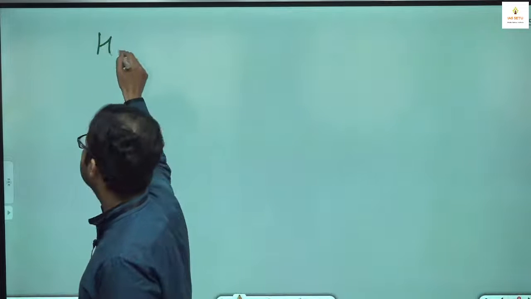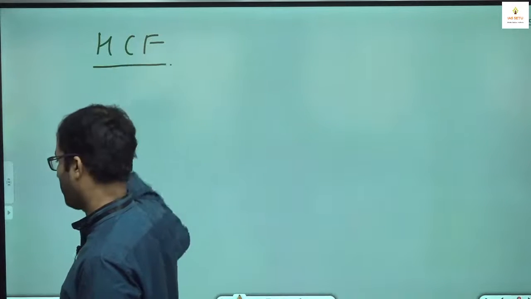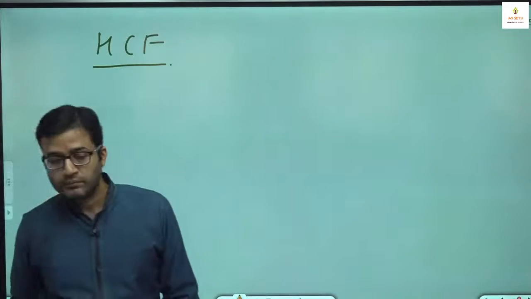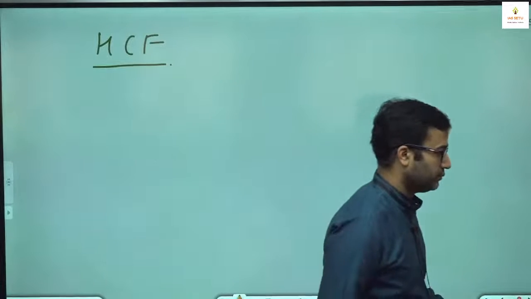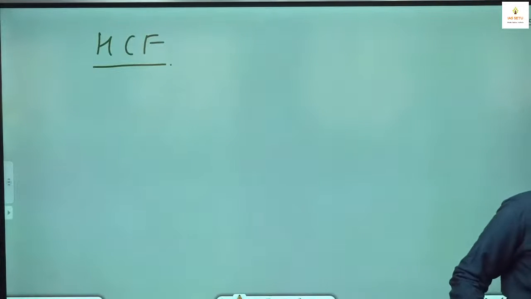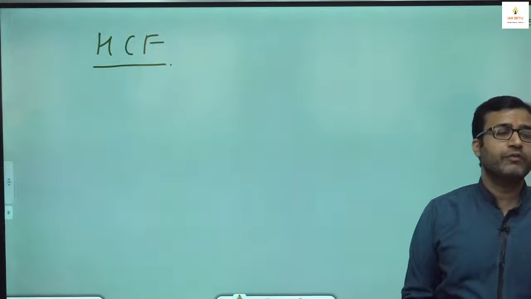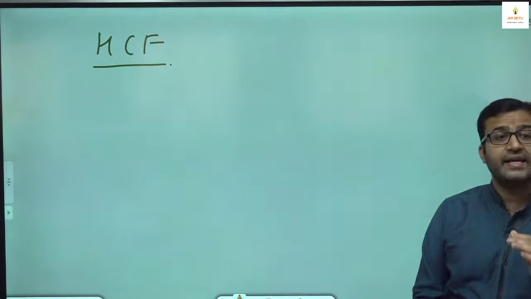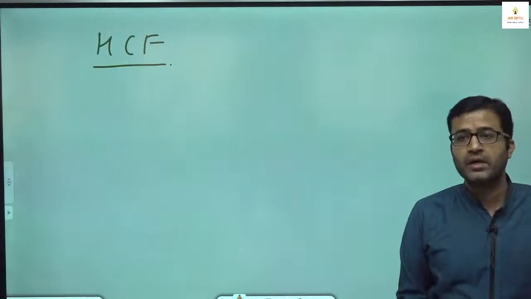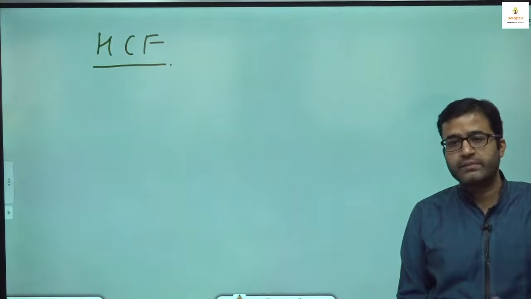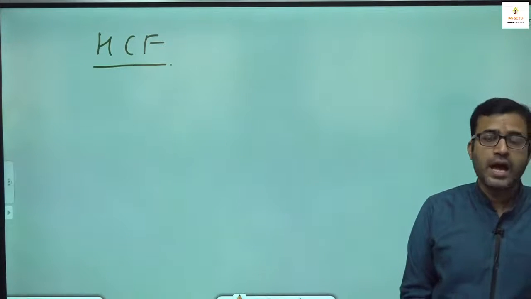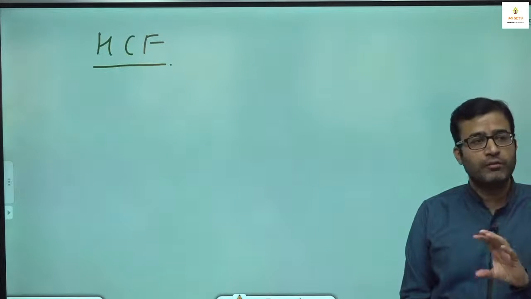HCF. HCF means how to find HCF of 2 or 3 numbers. I take HCF is easier as compared to LCM, because in LCM you have to go up to the last step. HCF is only one step. HCF suggests it has to be common from all the numbers.